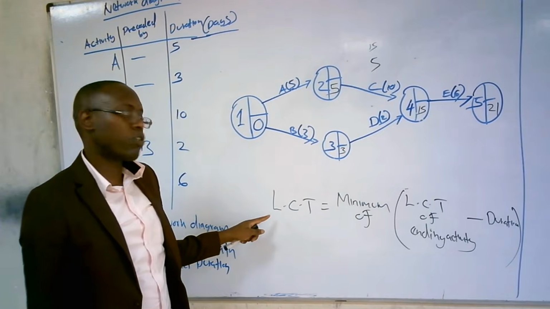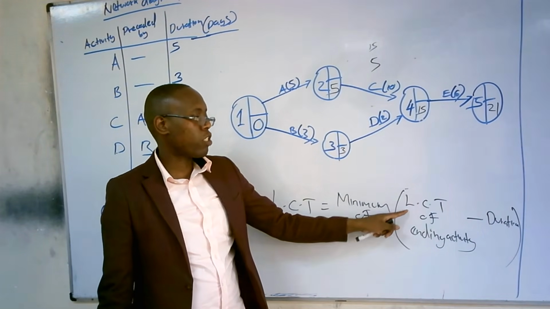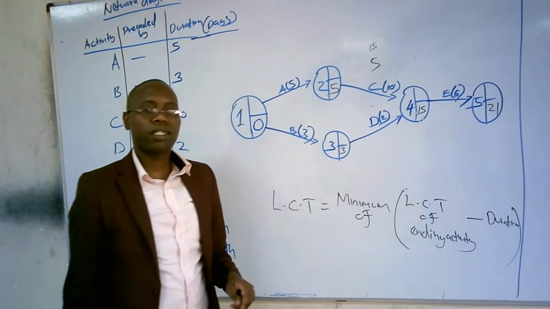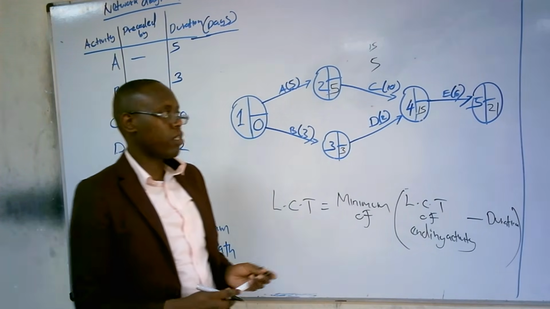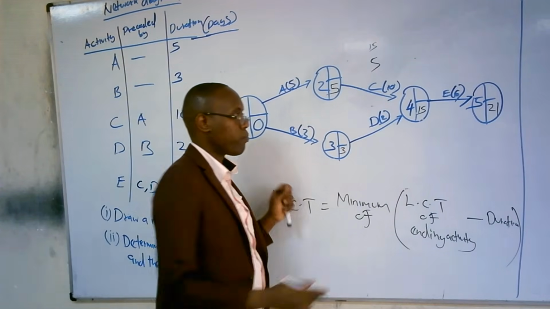So that's how we find that one. Latest completion time, minimum of, in brackets, latest completion time of ending activity, and then we subtract the duration. So now, let us find that latest completion time.